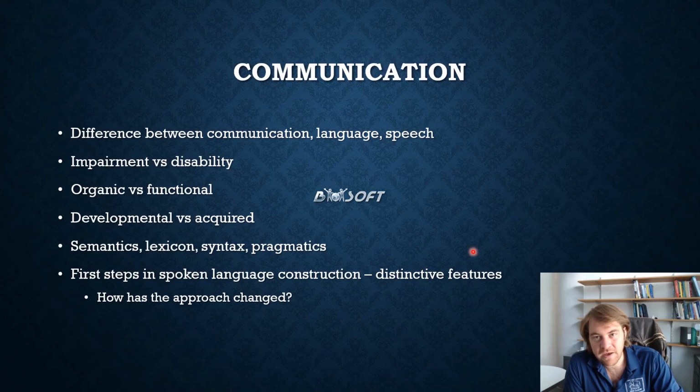You can have TBI at 5, and then you can have a speech problem. That would still be acquired. Developmental is something that just shows up during development, right? So again, the lisp that I have is a developmental thing. It's not something that's been acquired. But if I talked totally normally and then I fell down one day and hit my head, and then I had the lisp, that would be acquired.